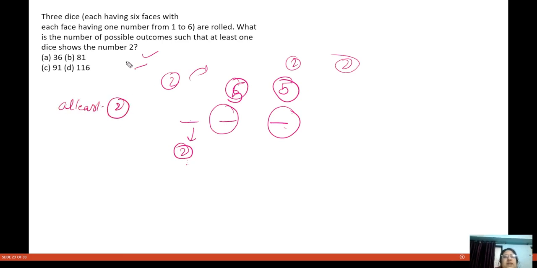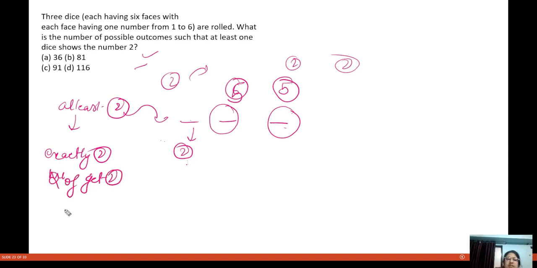So when you are asked at least one is getting the number 2, that means you have to calculate the possibility that exactly one gets 2, then two of them get 2, and all three of them get 2. These are the possibilities we need to calculate.